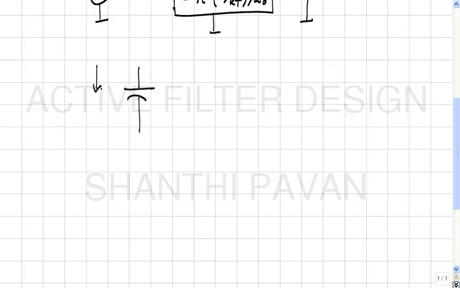In a capacitor, what is the differential equation governing the voltage across the capacitor and the current to the capacitor? We see the capacitor voltage is 1 over C integral IC dt.